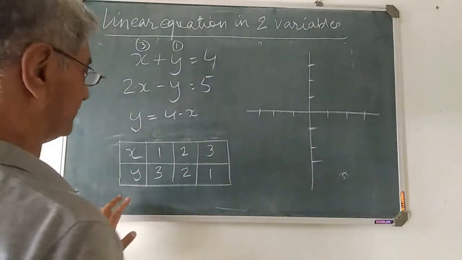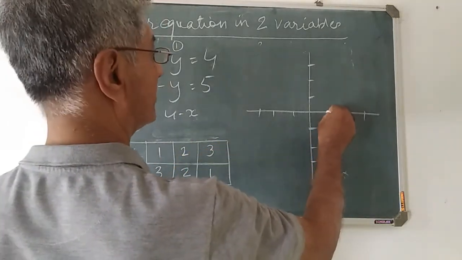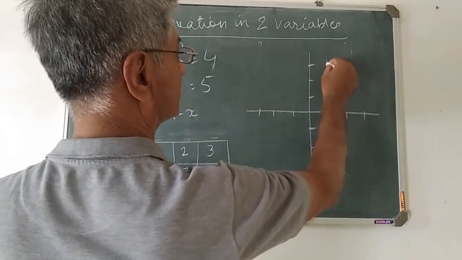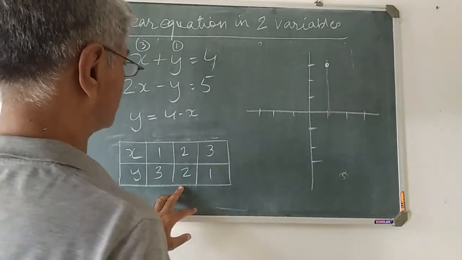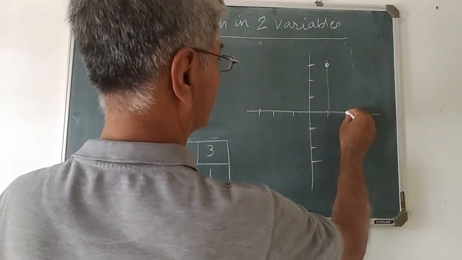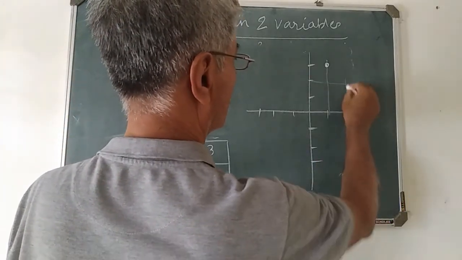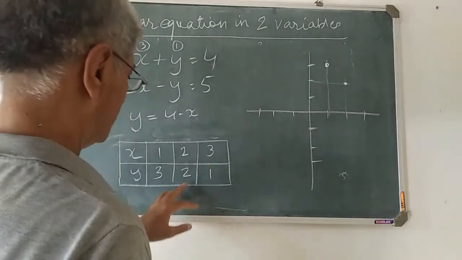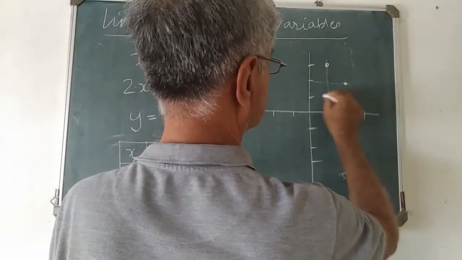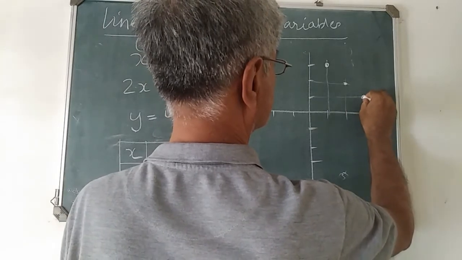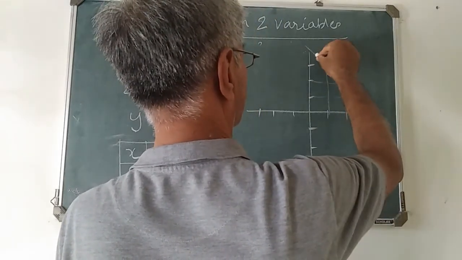Let us draw it here. If x is equal to 1, y is equal to 3. This is the point. If x is equal to 2, y is equal to 2. If x is equal to 3, y is equal to 1. So the line will be something like this.